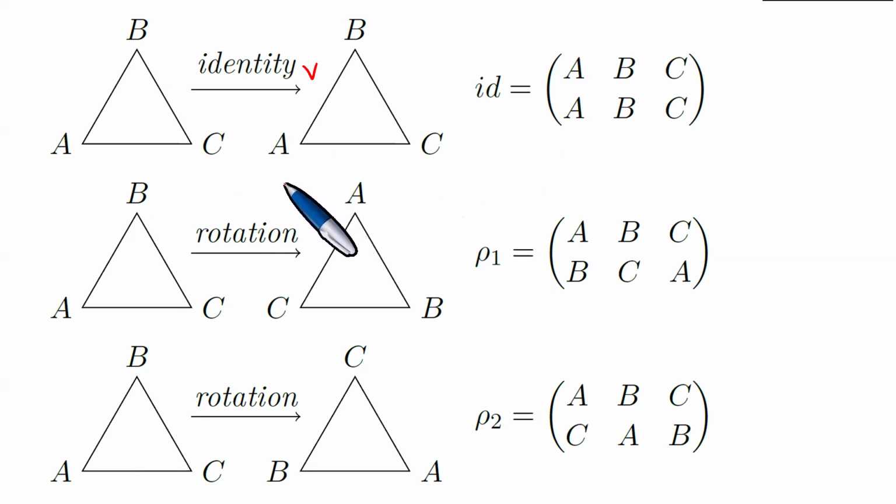So you're able to see that in the identity symmetry, A goes to A, B goes to B, C goes to C. Each of these vertices is fixed.